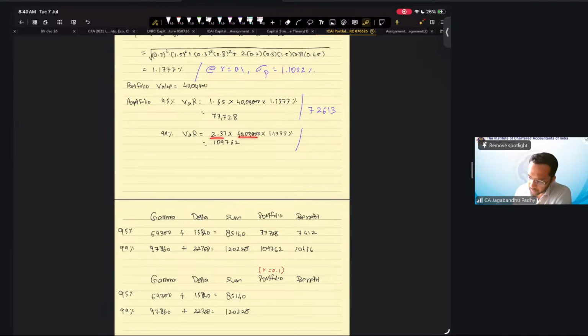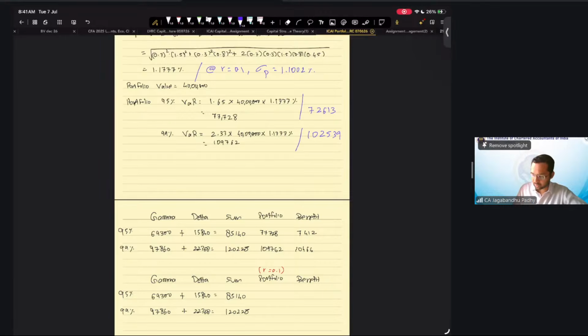It's 2.33 into 40 lakh into 1.1002%. 2.33 into 40 lakhs into 1.1 percent is 1,02,539.